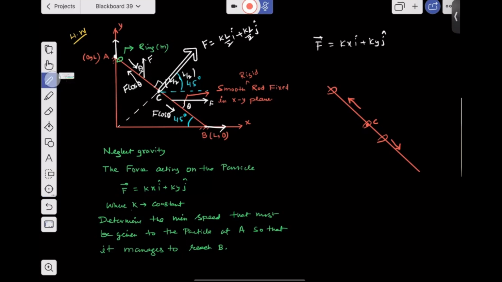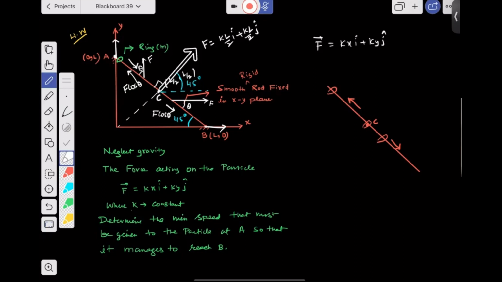So what we can say, once the ring crosses the middle point, it can move on its own. Till C, it is opposed to be moved down, but after C, it is supported to be moved along the path A to B, the straight line path A to B, correct?